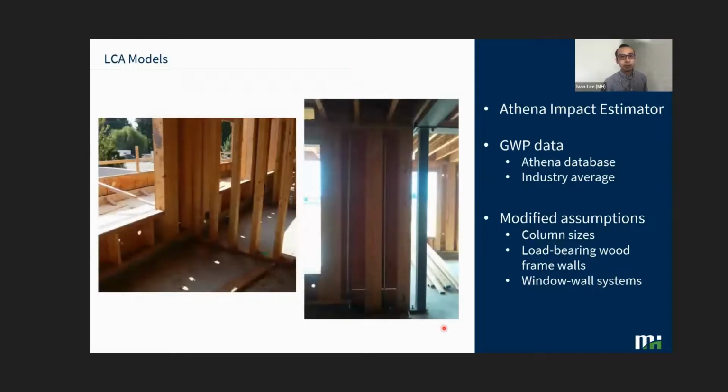Similarly, for load-bearing wood frame walls, we also had to add in extra framing. Because if you were to use the assumptions in Athena for wood frame walls, even load-bearing wood frame walls, the people that were developing it did not envision that we would be building 6-story wood frame buildings at all. So we had to beef up some of that.